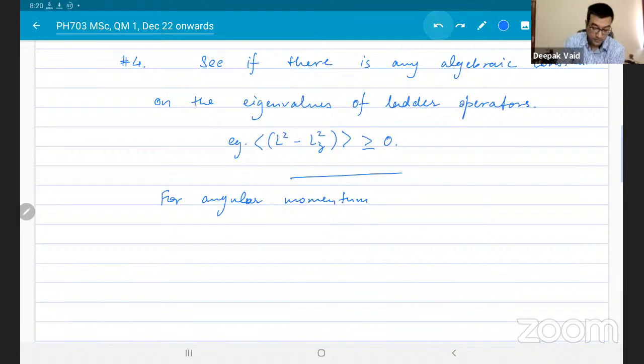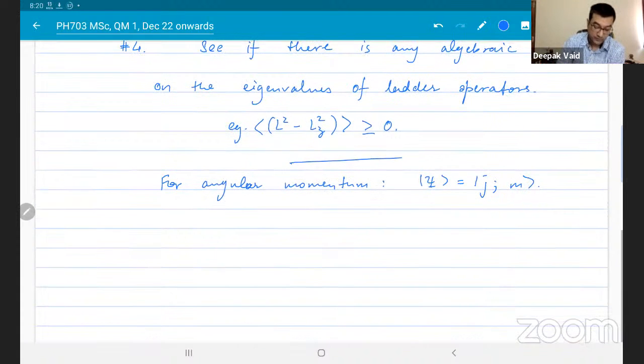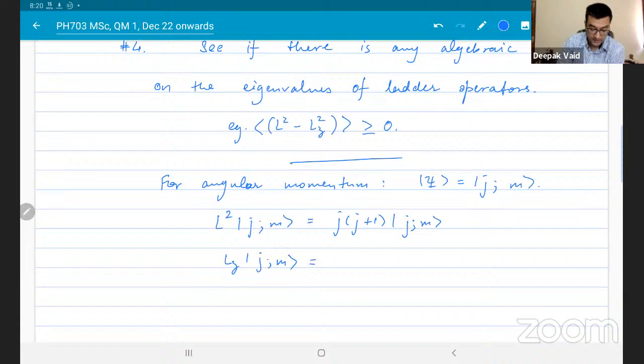So for angular momentum, we are left with this labeling, where L square has the eigenvalue j times j plus 1 and Lz has the eigenvalue m, right?